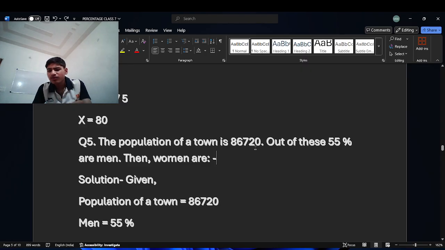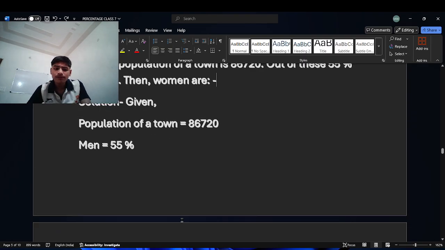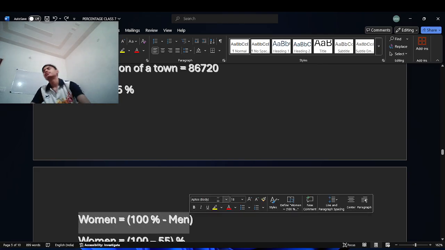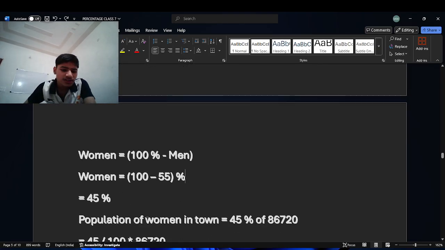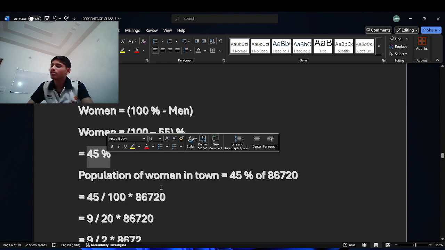If the population of the town is 86,720, then that is 100% of our town. Out of these, 55% are men, so the remaining are women. Women equals 100% minus the men's percentage. So 100 minus 55, 45% of the population are women.